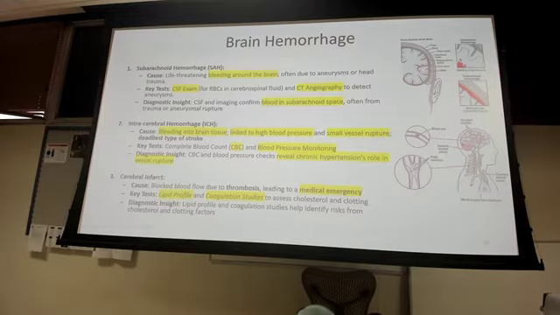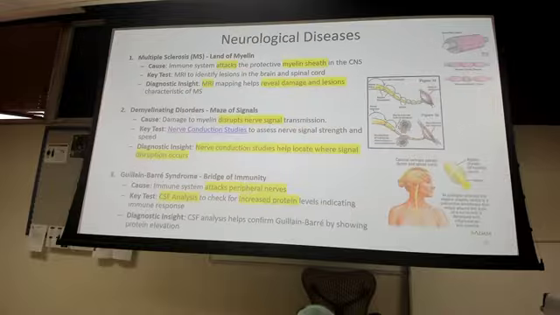Some laboratory tests will be the CBC and blood pressure monitoring, and then lastly, the cerebral infarct key test would be the lipid profile and coagulation studies for brain hemorrhages.